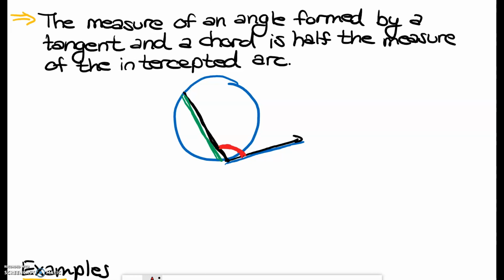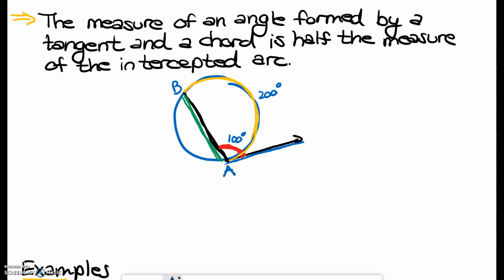It is half the intercepted arc. So if this is A and B, the intercepted arc is the arc that joins A and B that goes through this angle. Let's just say this is 200 degrees. Since it's half, this angle would be 100 degrees.